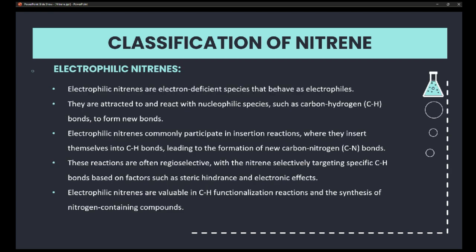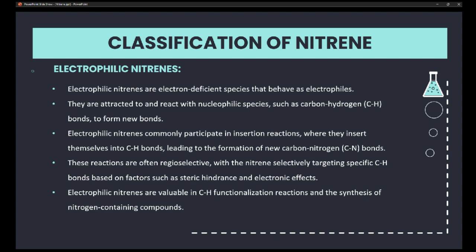Classification of nitrenes. Electrophilic nitrenes. Electrophilic nitrenes are electron-deficient species that behave as electrophiles. They are attracted to and react with nucleophilic species such as carbon-hydrogen bonds to form new bonds. Electrophilic nitrenes commonly participate in insertion reactions, where they insert themselves into C-H bonds, leading to the formation of new carbon-nitrogen bonds.